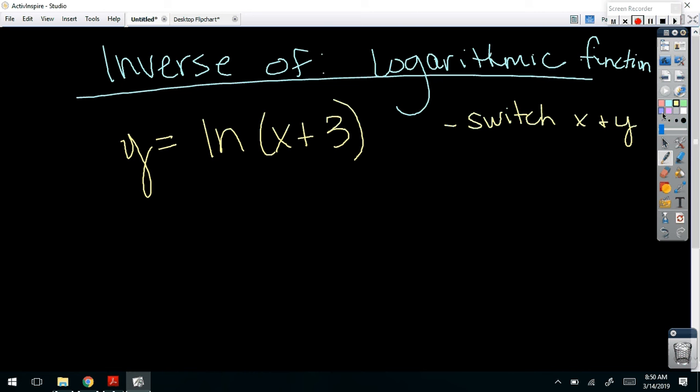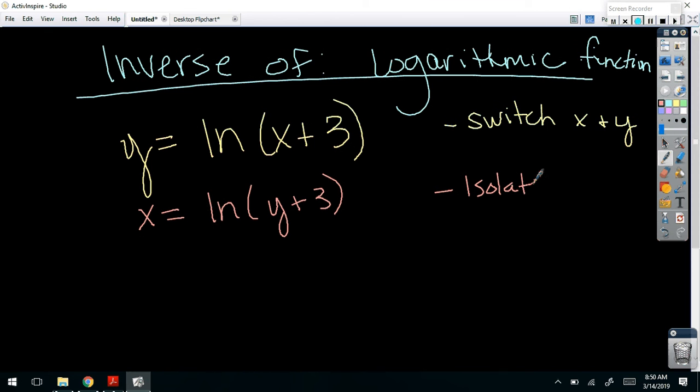All right, so I get x equals natural log of y plus 3. What was the next step? What did we do next? Isolate the log term. It's already isolated, okay?